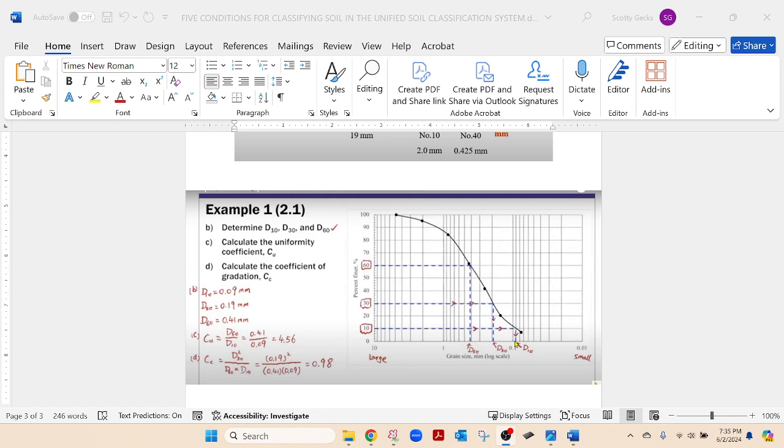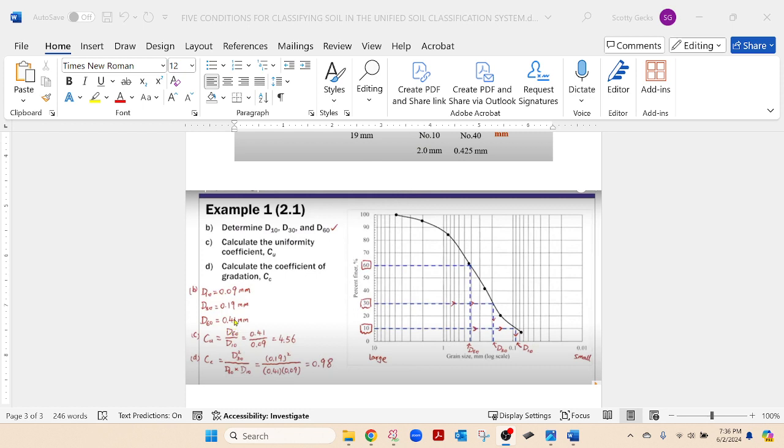I'm almost at 10, so I'm at about 0.19. He's got 0.19 for the D30. That's in millimeters, and that's the diameter of that.